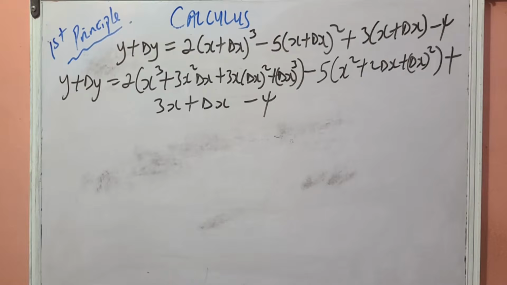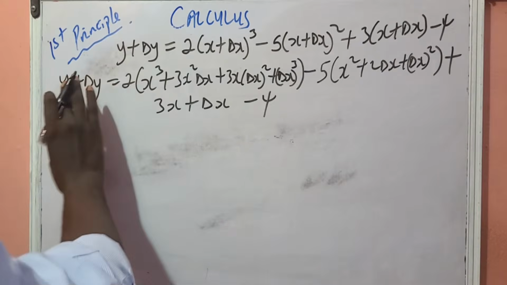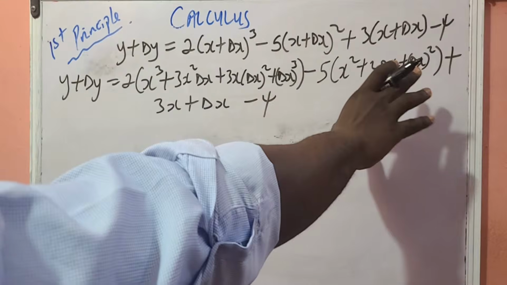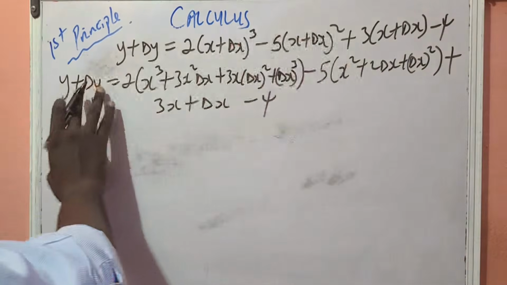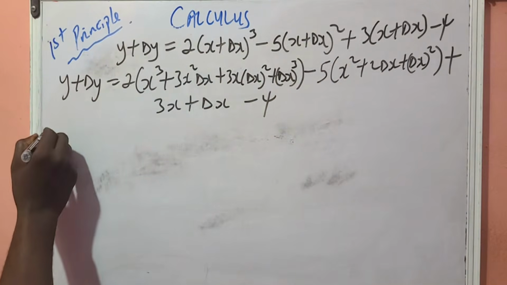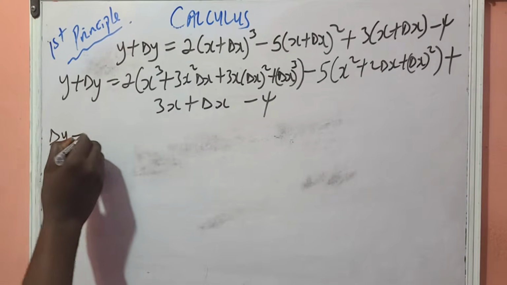The major thing here is that it's quite long, so you have to solve it very patiently. Now this is just the first part. I've not made y the subject of the formula. So look at what will happen when I make y the subject of the formula.